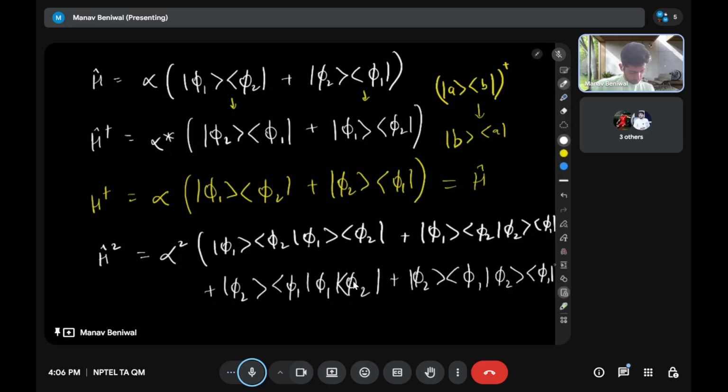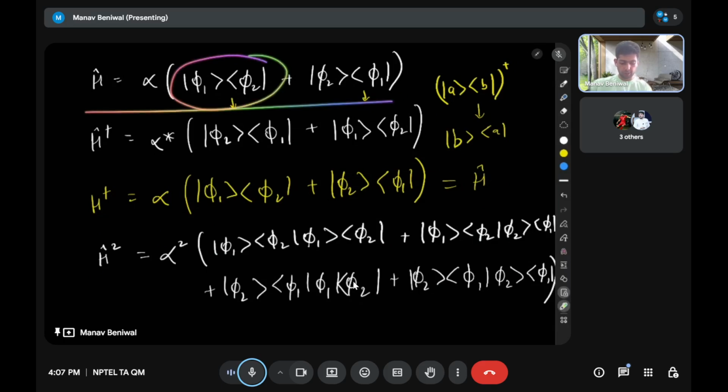Okay, so what have we done? We had this Hamiltonian and we have squared it, so we have a square of this thing, which is written here.